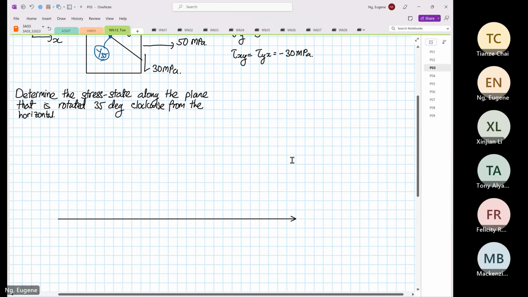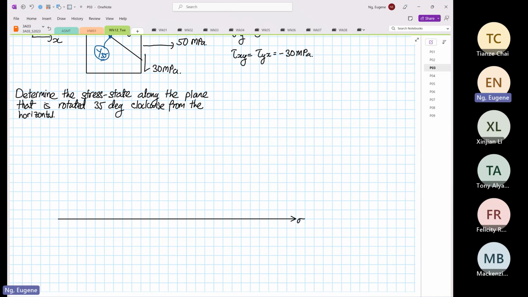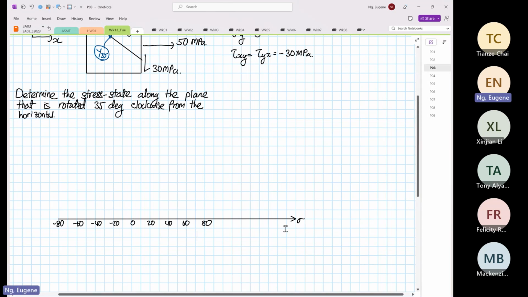Okay, so this is our normal stress. This will be minus 80, 60, 40, 20, 0, 20, 40, 60, 80. And then we have our shear.